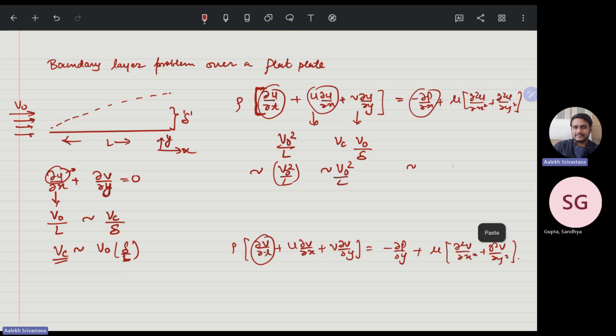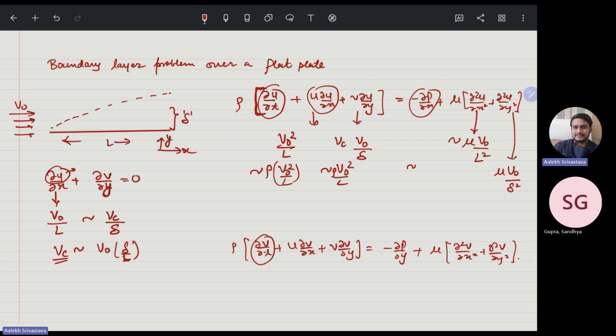Here, with rho on both sides, the first viscous term is mu times v0 divided by L square, and this term is mu times v0 by delta square.